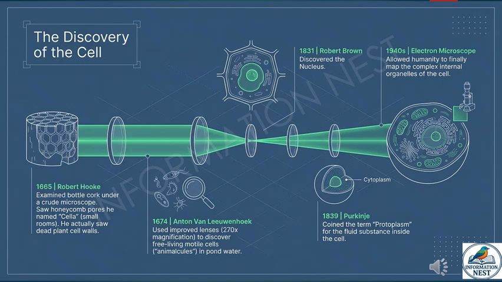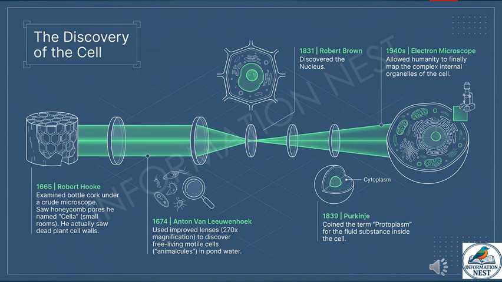In a world where everything looks solid, a few nerds with magnifying glasses changed everything. From Hooke's dead cork to Leeuwenhoek's wee beasties, the mystery of life was unfolding. But it wasn't until the 1940s, when we got the electron microscope, that we finally got the 4K Ultra HD version of the cell.